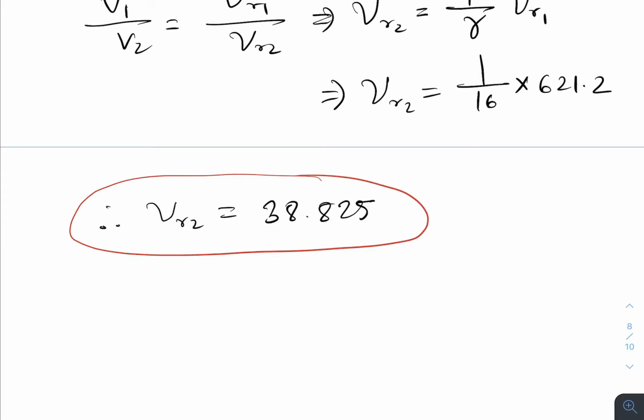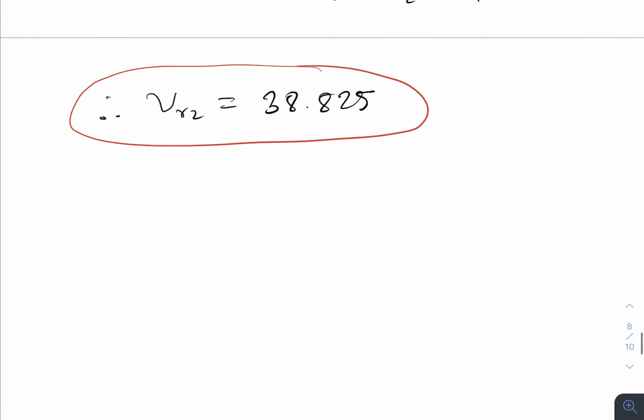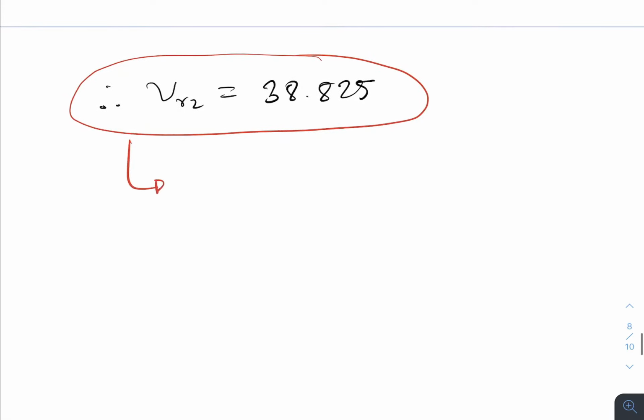So we get vr2 equals 38.825. Now using this information, vr2, we can get the value of the temperature from the table.